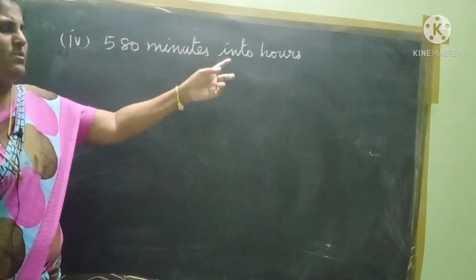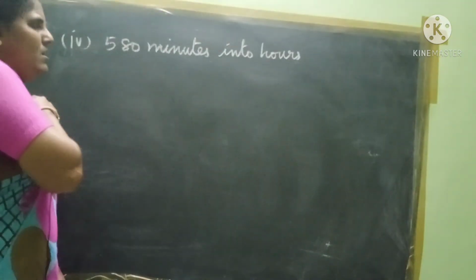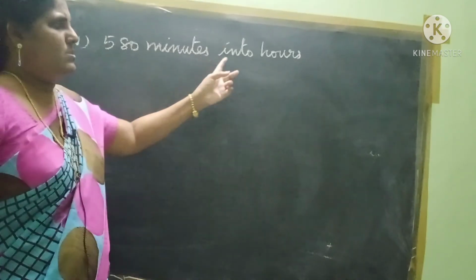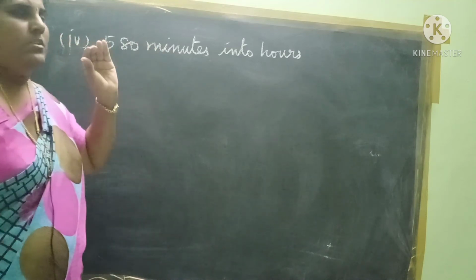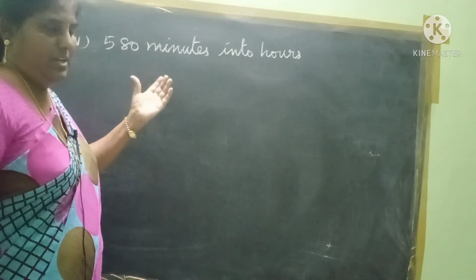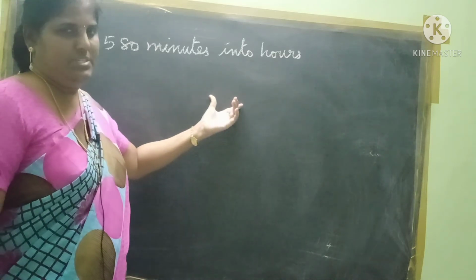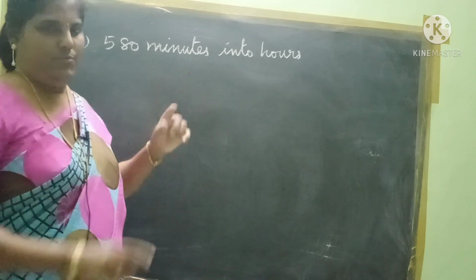580 minutes into hours. Okay? 580 minutes into hours. If you want to change from a higher unit to a lower unit, you just multiply the number, whatever they have given in the table.